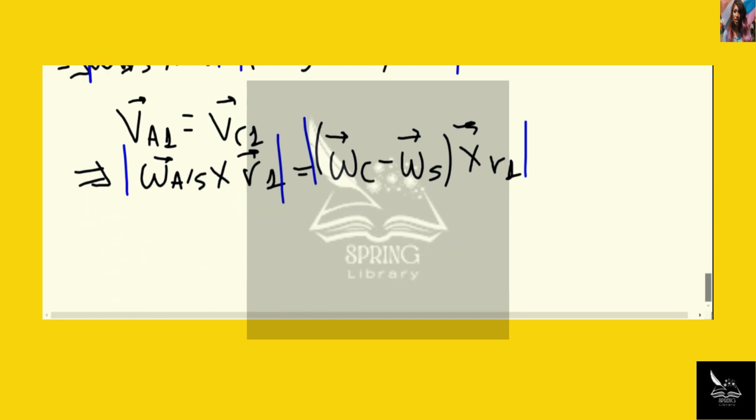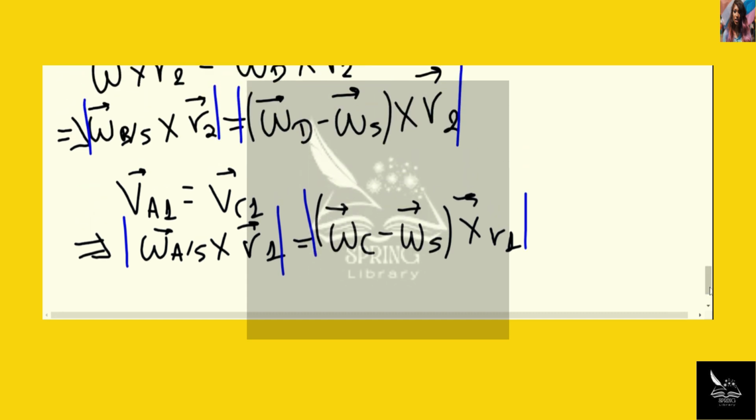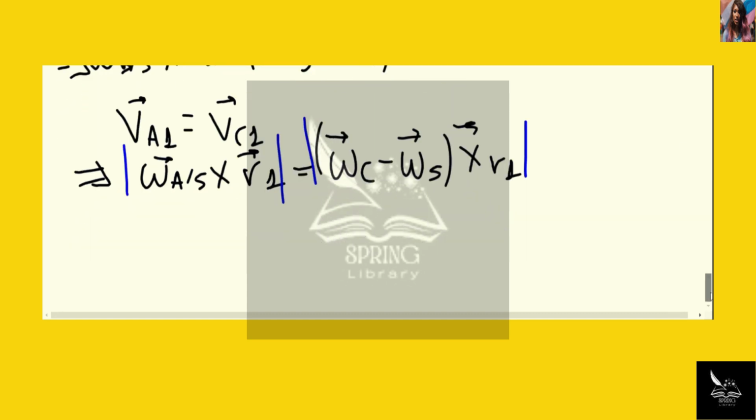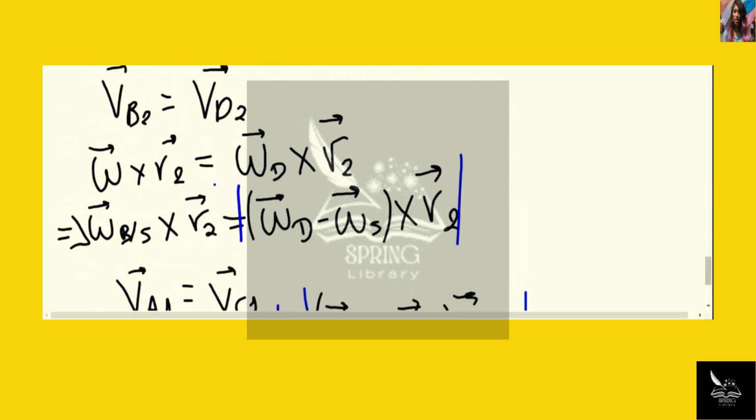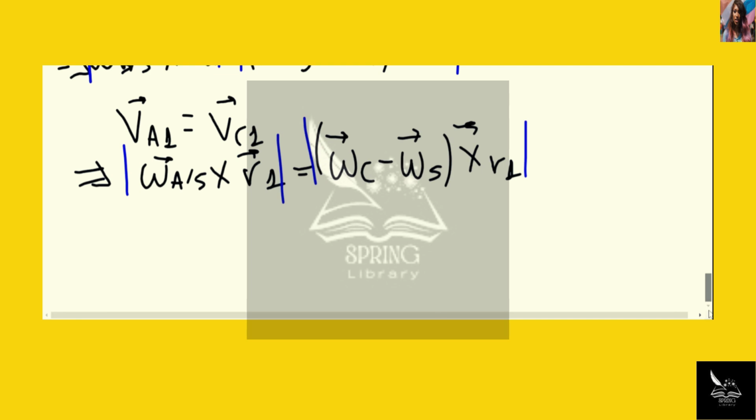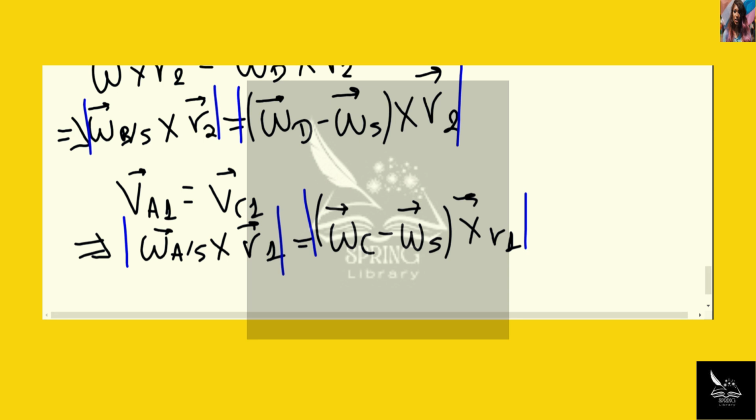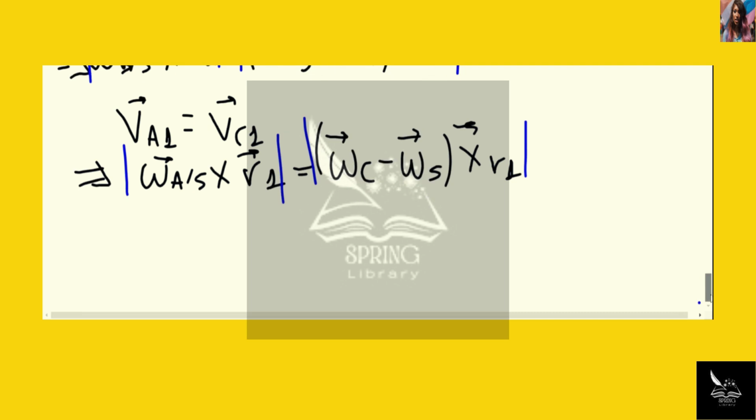So if we take the magnitude of both expressions, we'll get quite complicated expressions like this one.